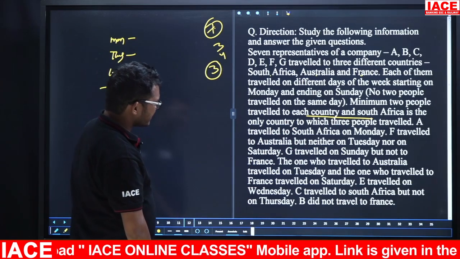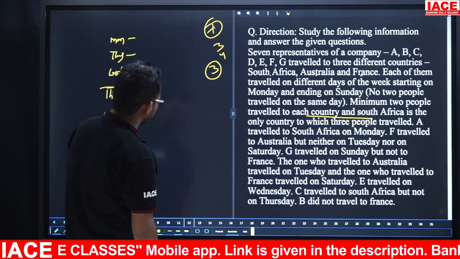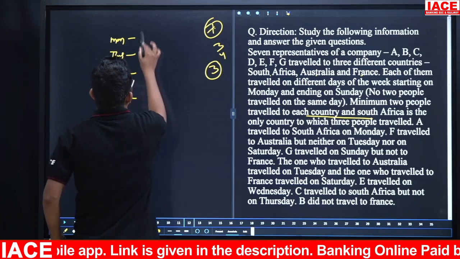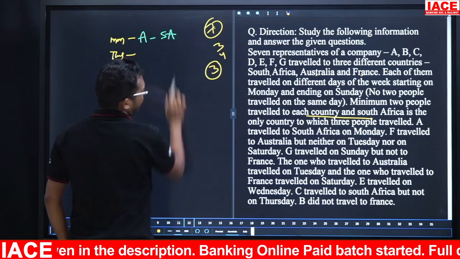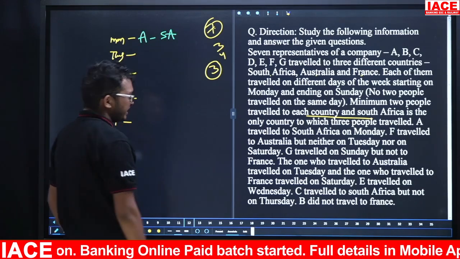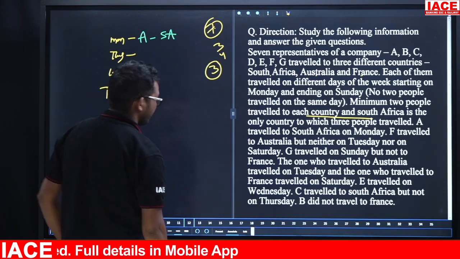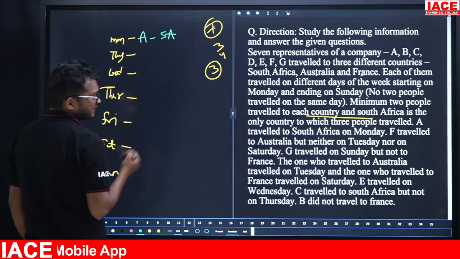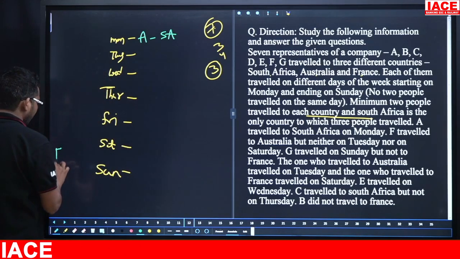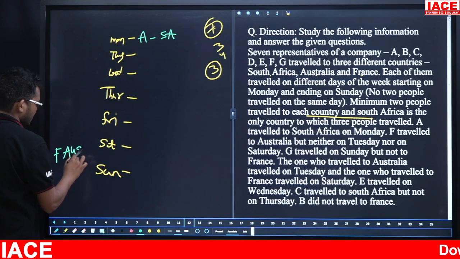A travels to South Africa on Monday. Take care. Next one: F travels to Australia but neither on Tuesday nor on Saturday. Friends, here the given is F travels to Australia.